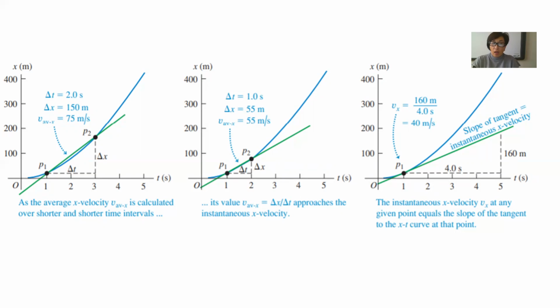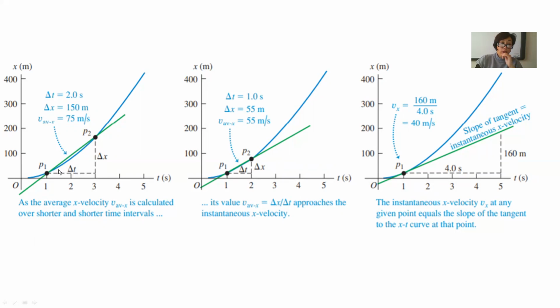In the first diagram, delta x equals 150 meters, and we know the formula for average velocity: displacement divided by delta t.